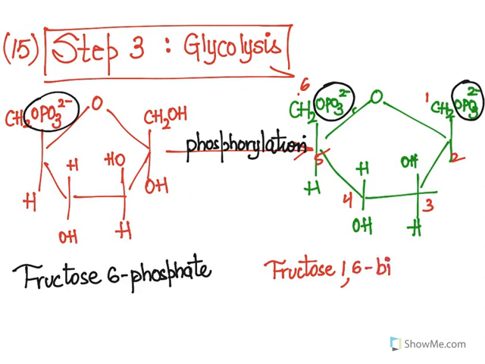And how many phosphate groups do we have in total? 2. So biphosphate. So just remember here we just had one phosphate group. After phosphorylation, we got 2 phosphate groups in the products, and hence the name. And basically, where does this extra phosphate come from? The extra phosphate comes from ATP.